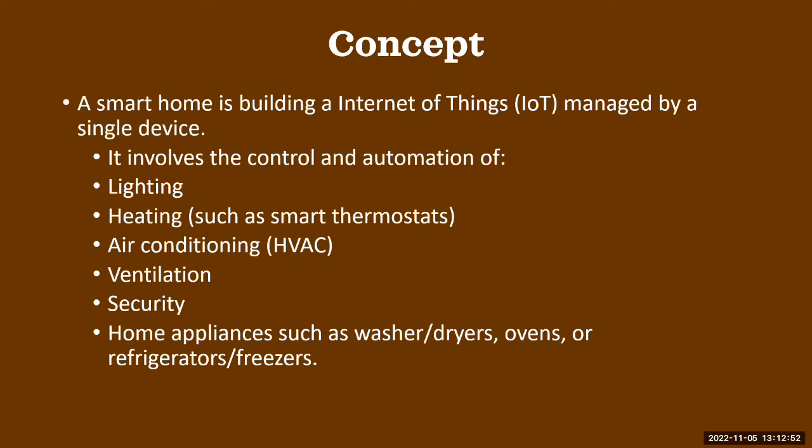Conceptually, a smart home is building an Internet of Things managed by a single device. It involves the control of automation for lighting, heating, such as a smart thermostat, air conditioning, ventilation, security, home appliances such as washers, dryers, ovens, refrigerators, and freezers.